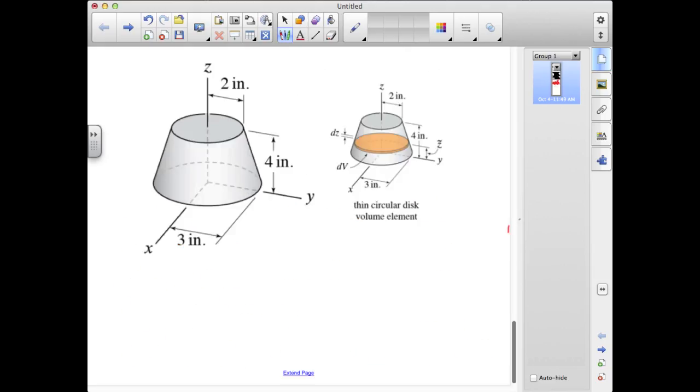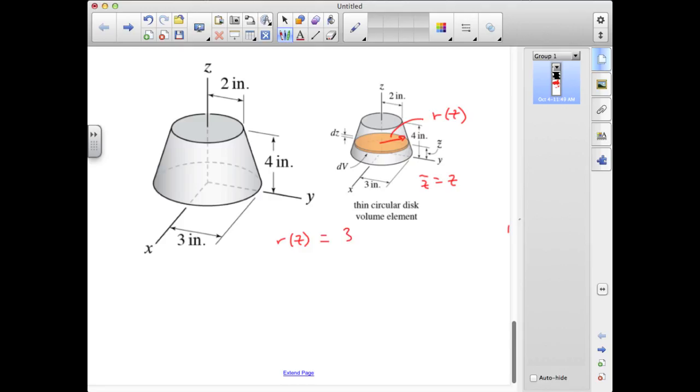As an alternative, we can evaluate the centroid based on a differential volume element consisting of a disk of radius r, which is a function of height z. The disk has thickness dz. Every material point within the disk is at the same height z, so the z tilde will also just be equal to z. We first need to have an expression that describes the radius as a function of z, and we can see that at z equals 0, this is going to be the base radius of 3 inches, and then this tapers down to a radius of 0 over a height of 12 inches.